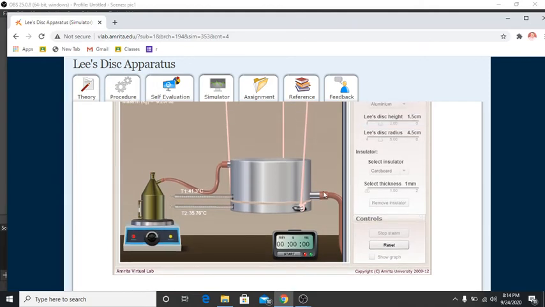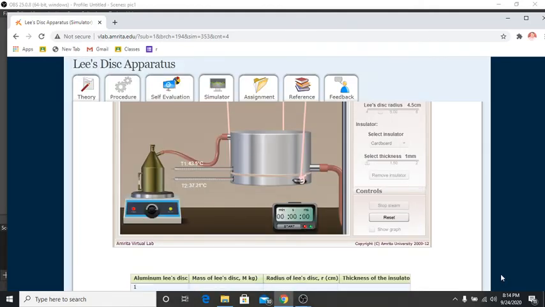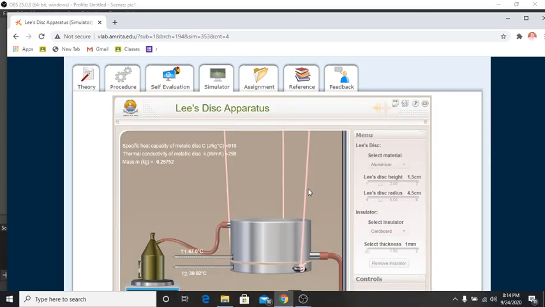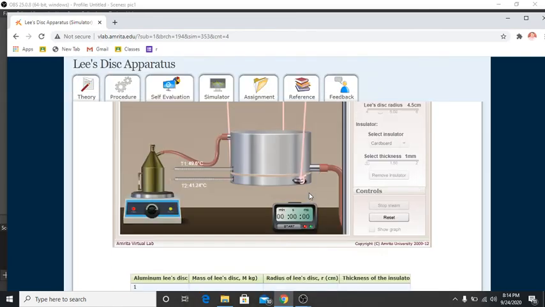Here you can see this one is rising very rapidly, though in physical mode, when you are performing your experiment in the laboratory, it will take a larger time.